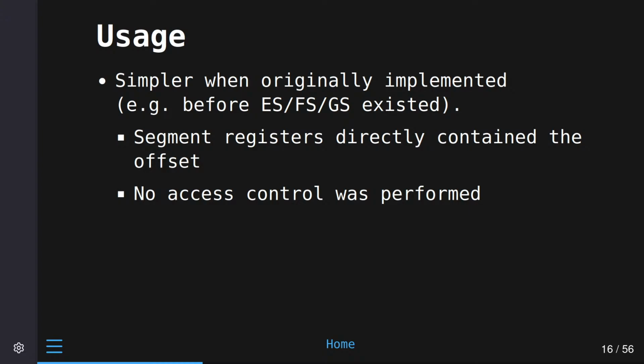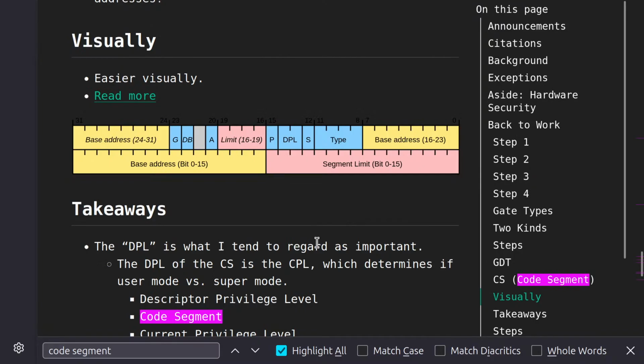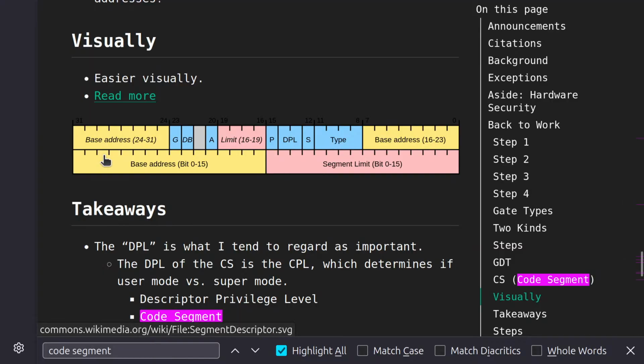These things used to be easy to use because they were mandatory and everyone used them, and all programs assumed they were used, and also all of the OSs were 32-bit, and it was pretty easy to add them together. The segment registers in the olden days have this thing called the base address.